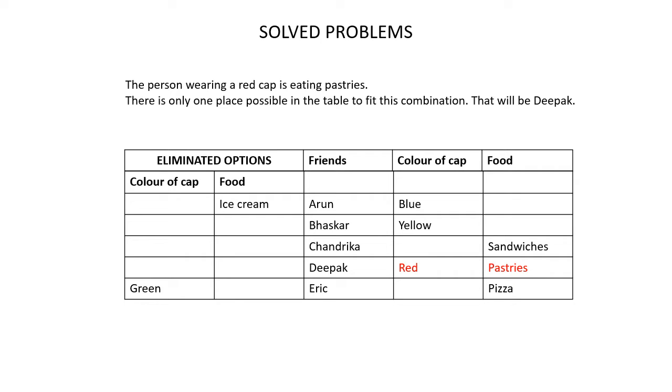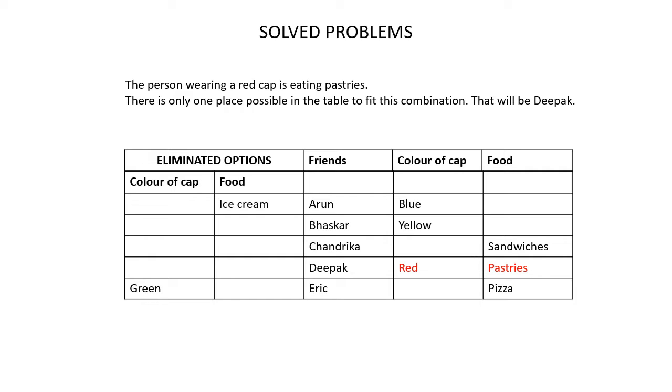It's given the person wearing a red cap is eating pastries. So now under the column of color of cap, we are left with 3 options for a red cap: Chandrika, Deepak and Eric.